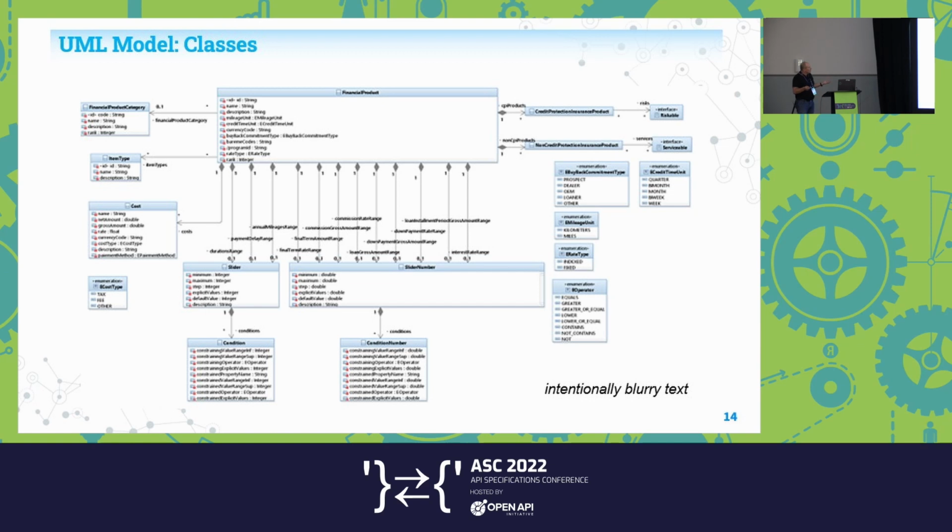Here this is an example of one. This is quite complex, but in fact this is one functional business entity. This is a financial product used in consumer credit. Okay, it's quite complex. This entity holds a set of properties. Each property is typed by another business entity.